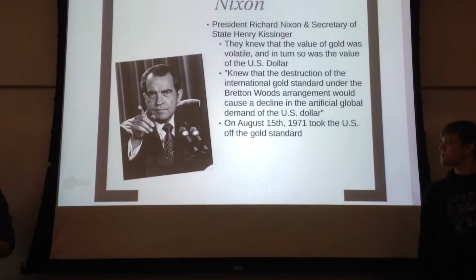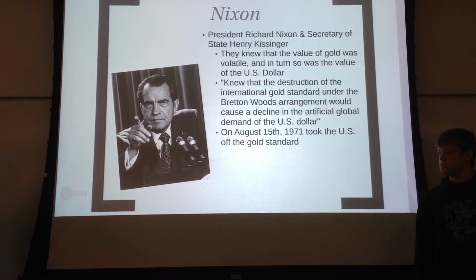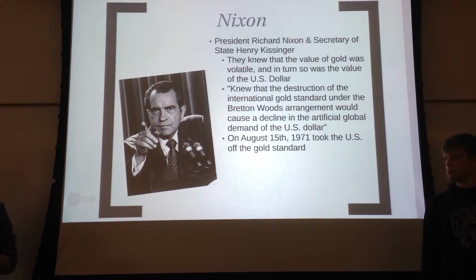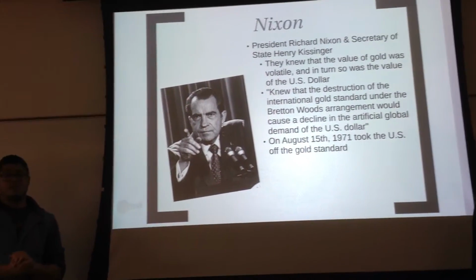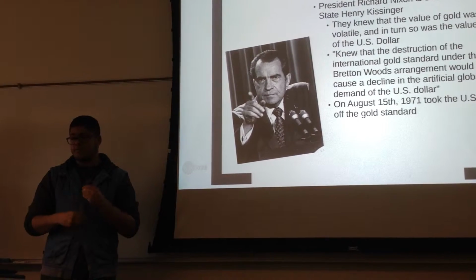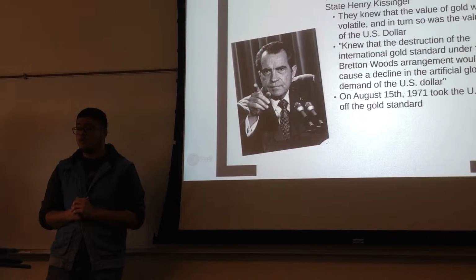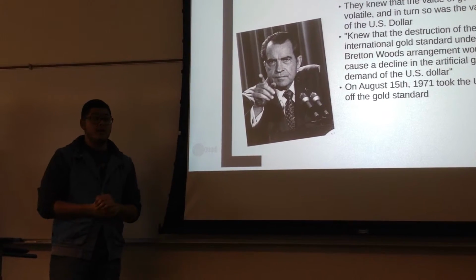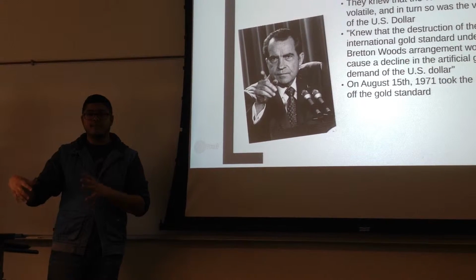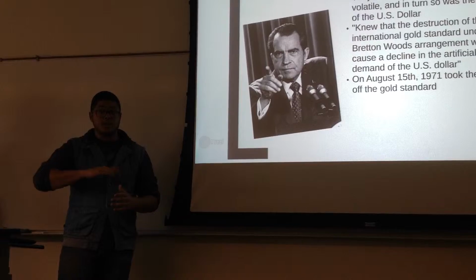So, as I said, in the 1940s, the Bretton Woods Conference happened, and the gold standard was kind of created. A good 20 years later, in the 1970s, President Richard Nixon and Secretary of State Henry Kissinger were predicting the future of the U.S. dollar and what it would look like. They knew that the value of gold was volatile, and since the U.S. dollar was tied to gold, if gold is volatile, then the U.S. dollar itself is volatile.